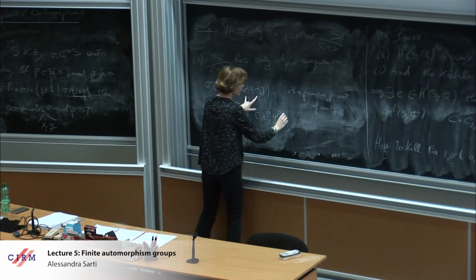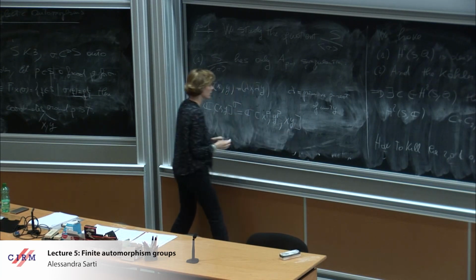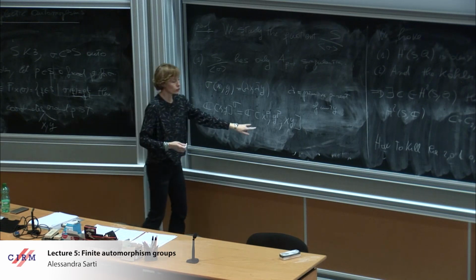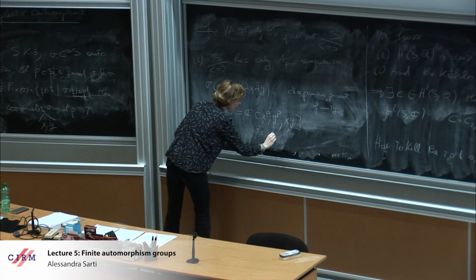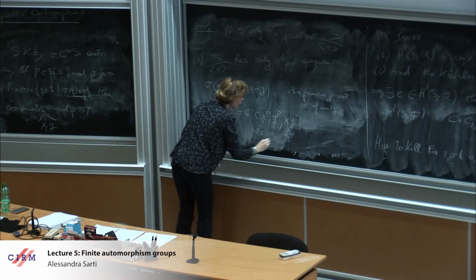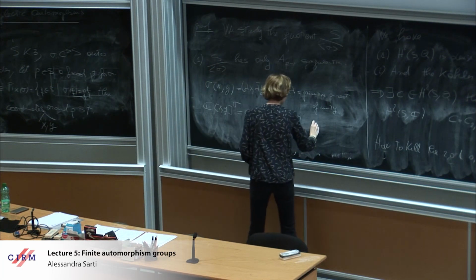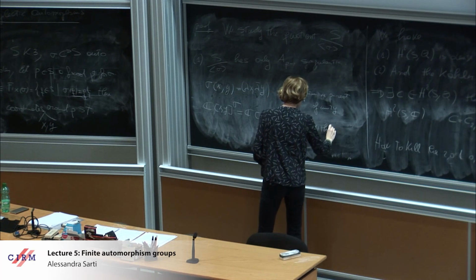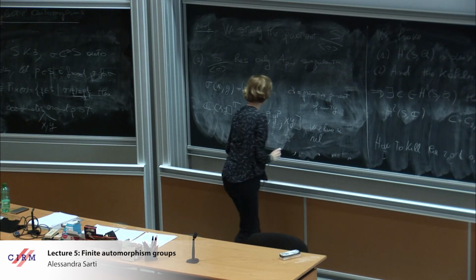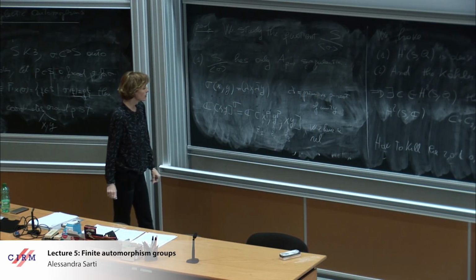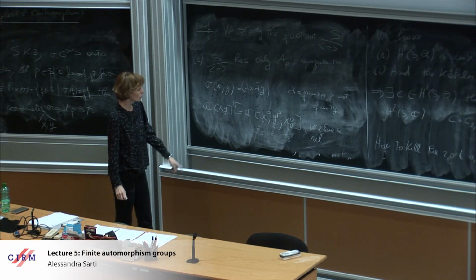And then I have the product xy. And I call these new coordinates z1, z2, and z3. So we have a relation that z3 to the power p is equal to z1 z2.